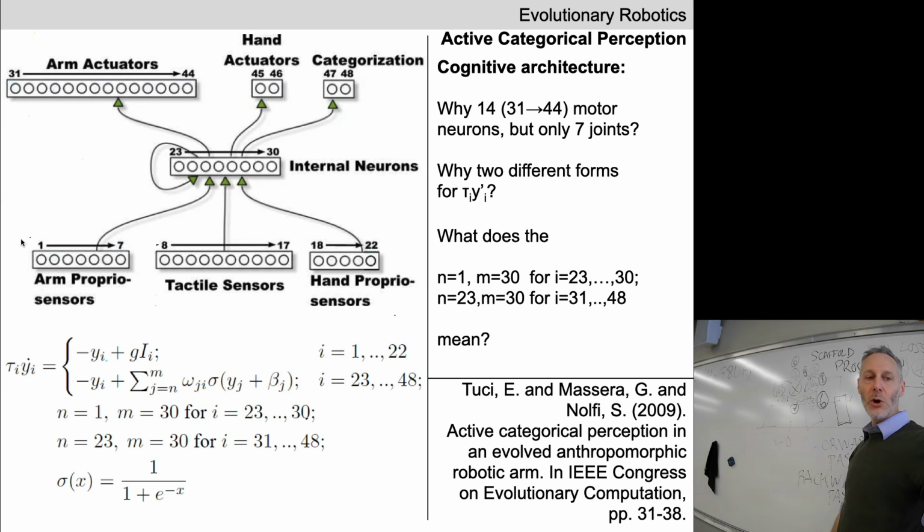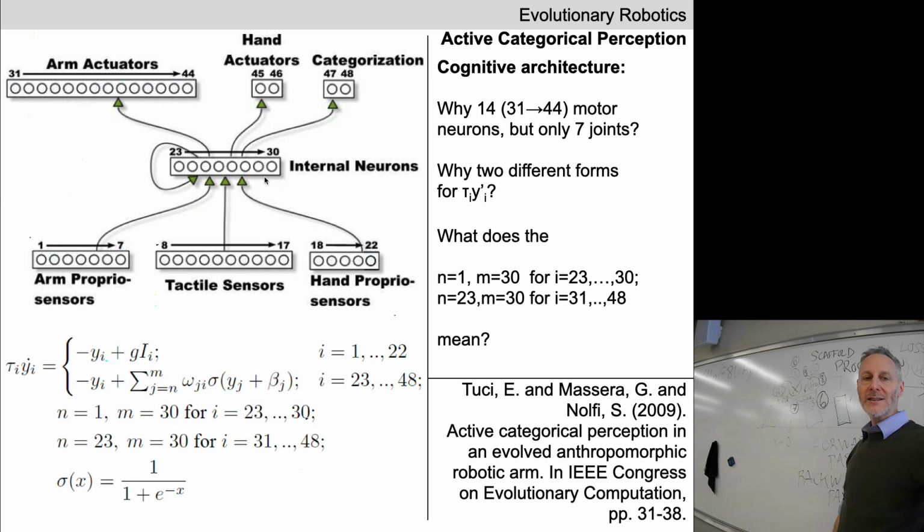Okay, so we've got a total of 22 neurons that are receiving sensory information from the arm and the hand. Those 22 neurons connect to a bunch of internal neurons. How many do we have here? 8 internal neurons or hidden neurons. Internal and hidden neurons mean the same thing.